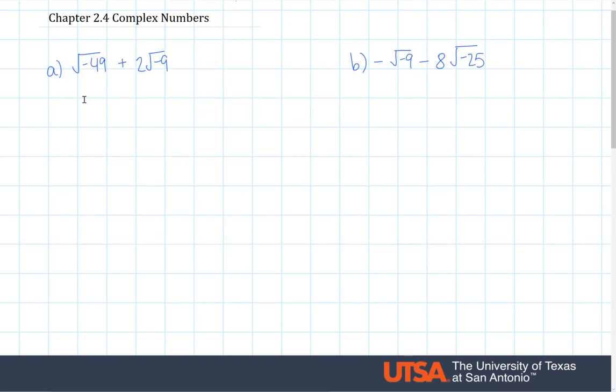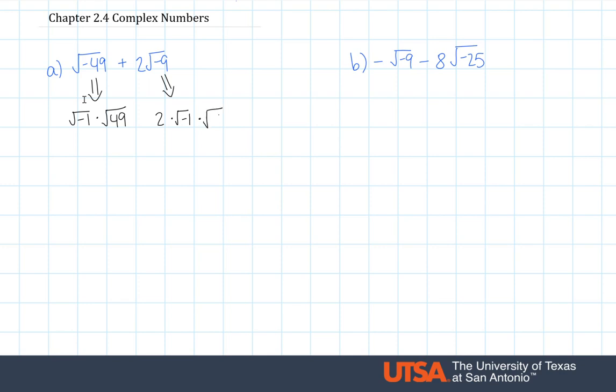Let's start with part A. So we have the square root of negative 49, and we can rewrite this as the square root of negative 1 times the square root of 49, and then we have 2 times the square root of negative 1 times the square root of 9. And then from here we're just going to simplify what we know. We know that this is i.